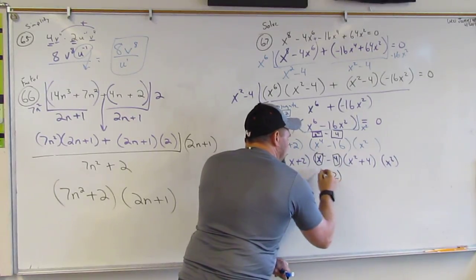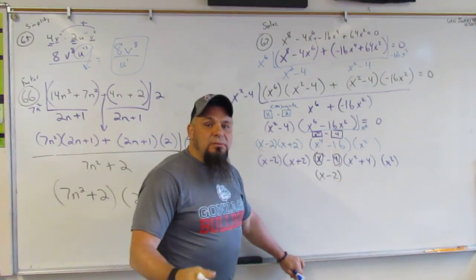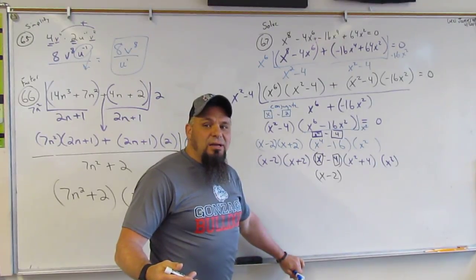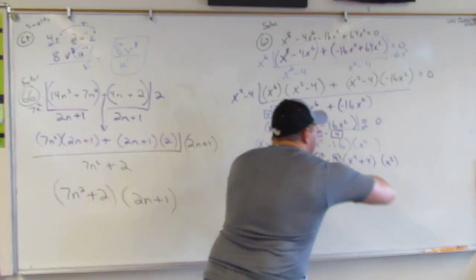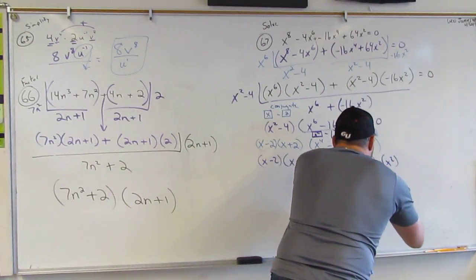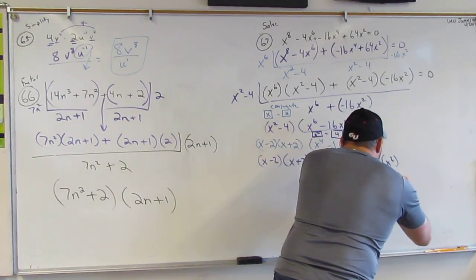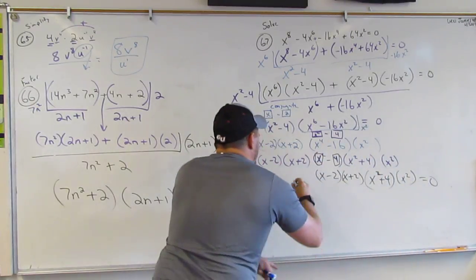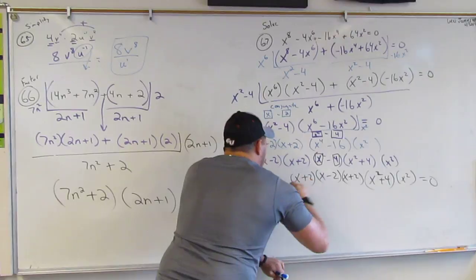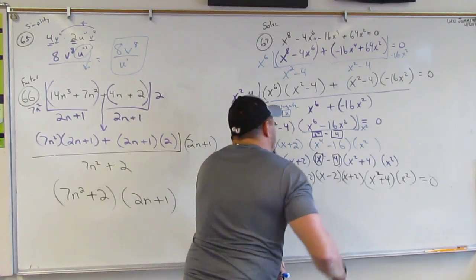And this is of 2. And then we just have, what's the conjugate? Plus 2. x plus 2. Then we write all that other stuff. x squared plus 4, x squared equals 0. x plus 2, x minus 2.